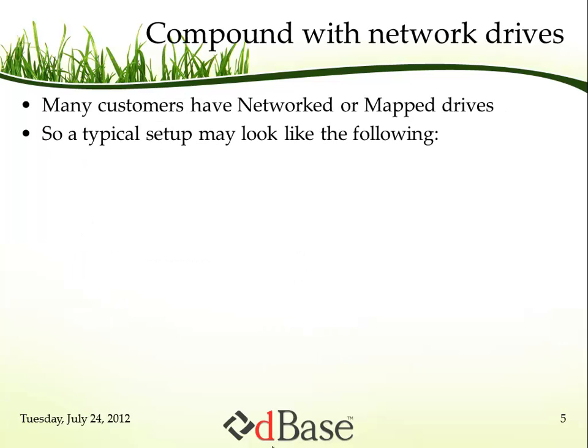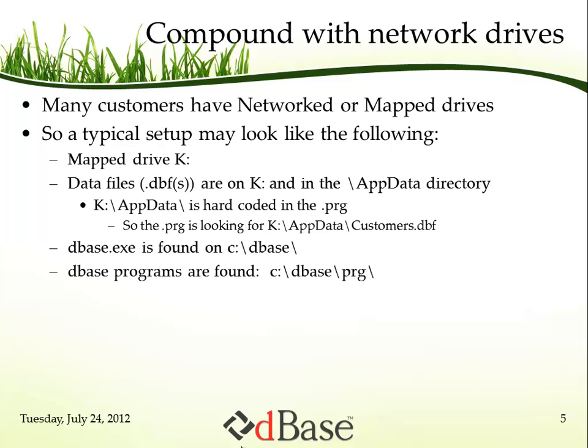Then if you want to add another layer of complexity, we have to compound the situation with network drives or mapped drives. So a typical setup may look like the following. You have mapped things to the K drive, and there could be data files on the K drive in the app data directory, and that's hard-coded into the program, and the program is looking for k:\app data\customer.dbf.